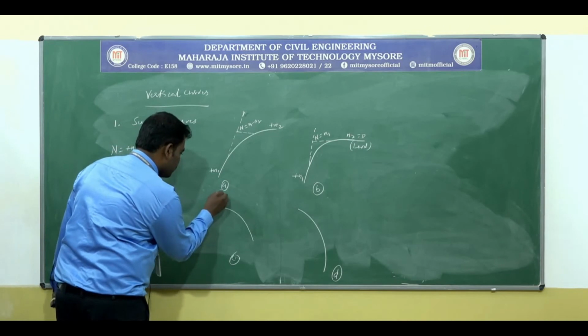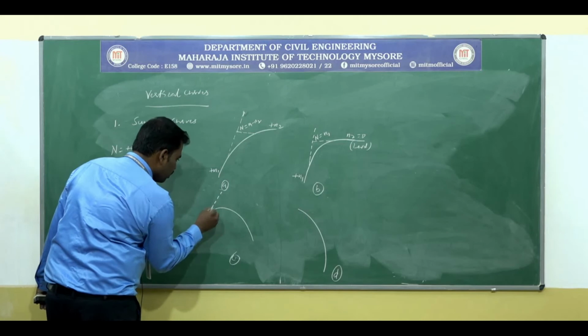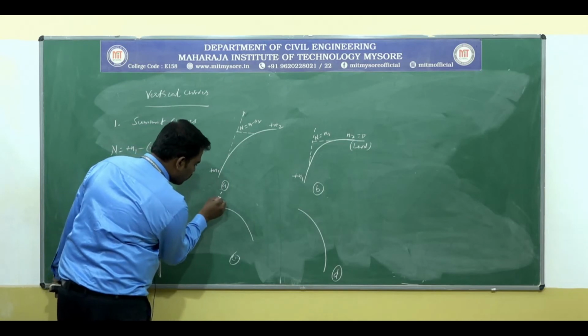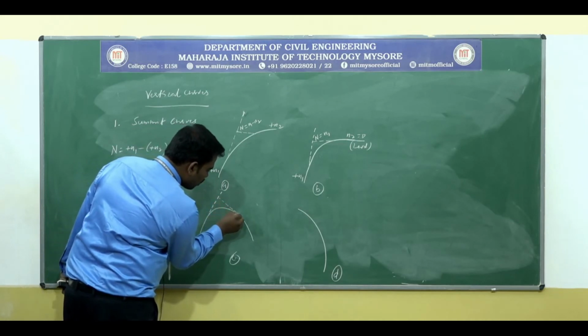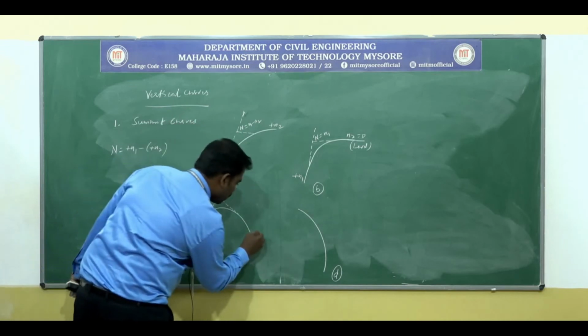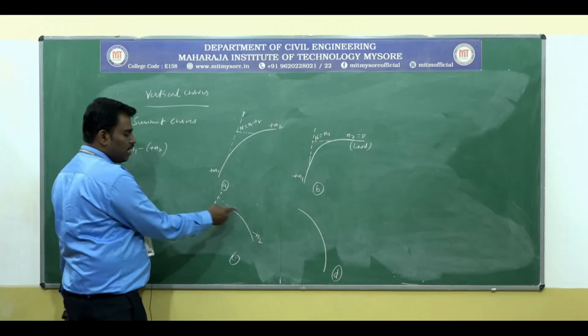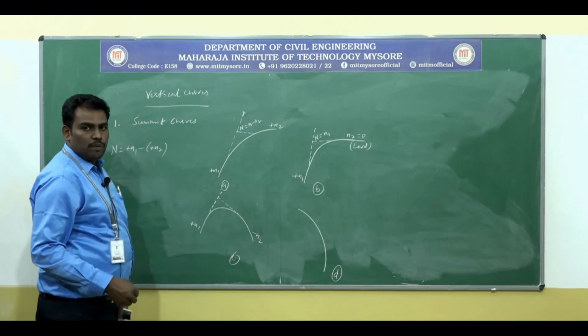Upward gradient followed by downward gradient, that is plus n1 percent meets minus n2 percent.